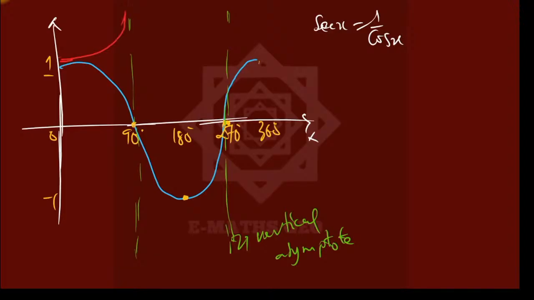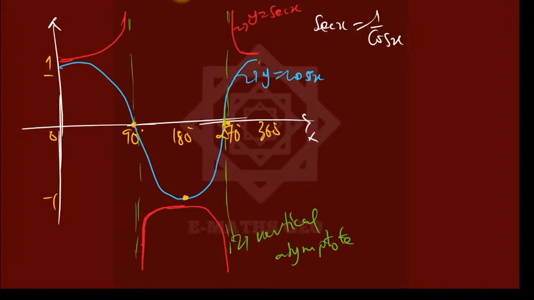The red graph is now y equal to sec. So that's how we sketch the graph of sec using cosine.